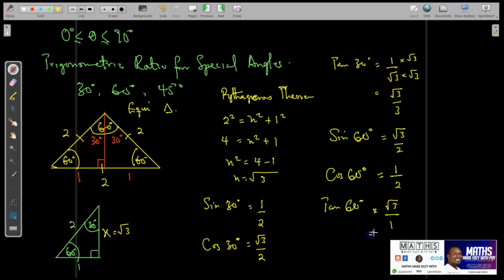And root 3 over 1 is the same as root 3. So can you confirm on your calculator that tan 60 is just root 3? All right. So my dear students, these are the trig ratios for the special angles 30 degrees and 60 degrees.